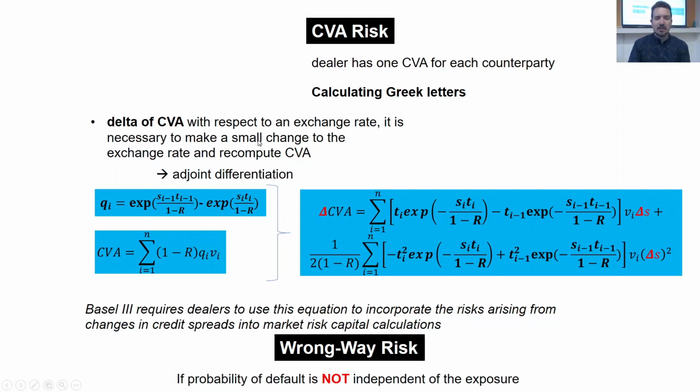And to estimate this, it would be absolutely ugly. So that's why adjoint differentiation was created, because if we are just adding together the changing nature of the probability of default with the CVA, then we get this thing.